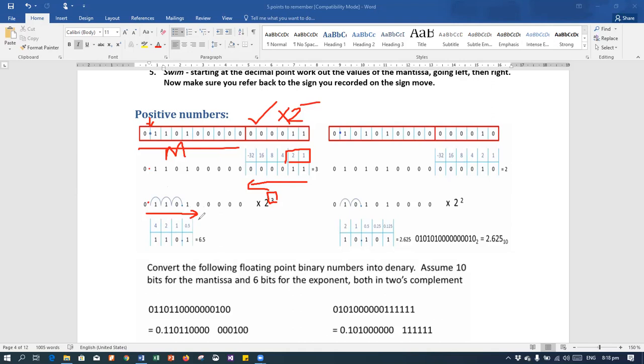When you move it, that's 1, 2, and 3. That would be the new value, new place of the decimal. So now these are not significant numbers. We can ignore them. We have got the final number, this one.